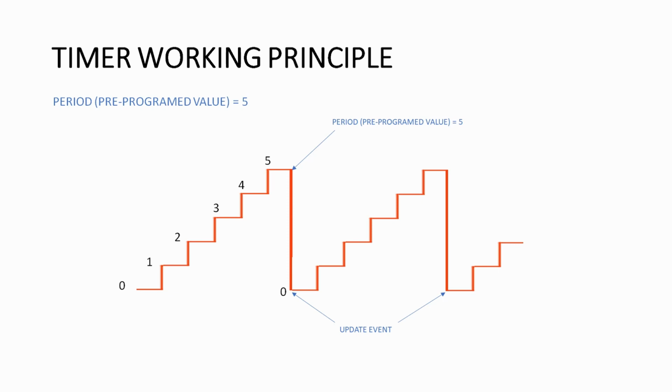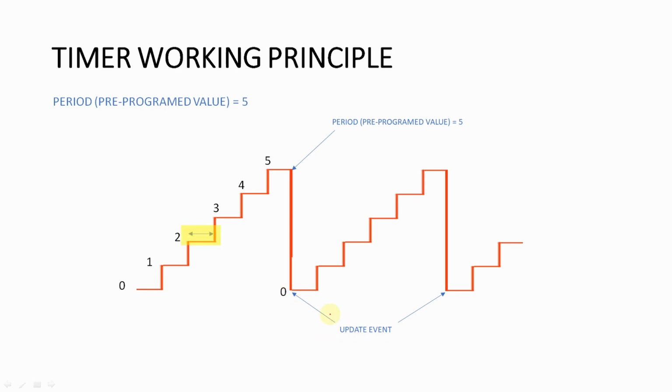If you want a 4 millisecond delay, you can wait till the counter value reaches 4 and clear the timer counter value. So this is a manual method, but the automated method is waiting until the update event or timer interrupt occurs right over here.